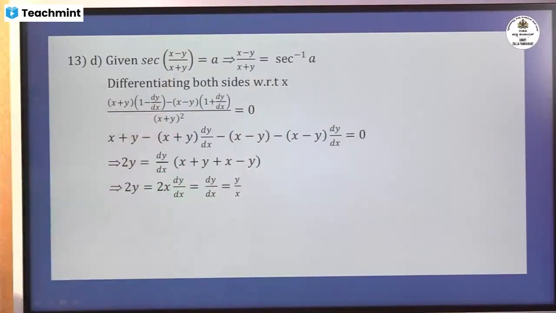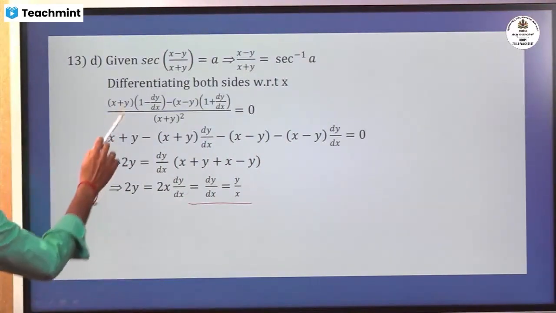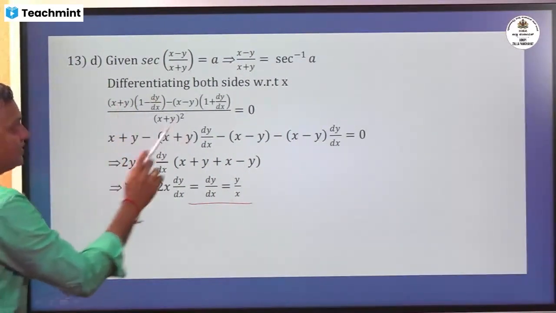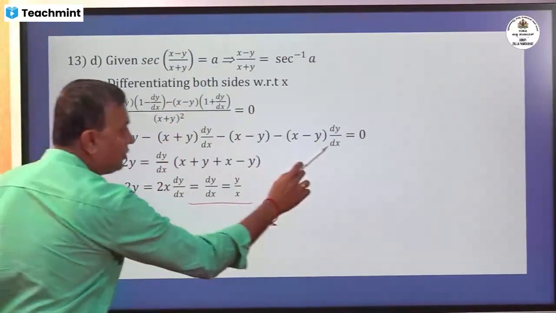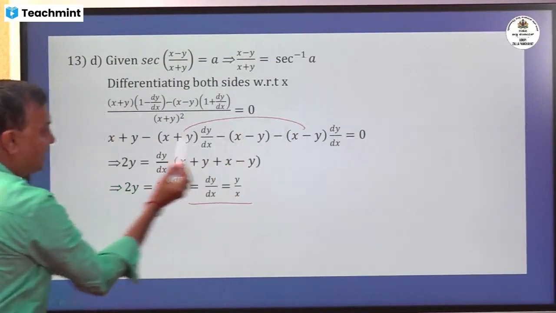Then cross multiply, simplify, then write the dy by dx terms on one side and other terms on the other side, simplify, and we get dy by dx is equal to y by x. Here (x plus y) into (1 minus dy by dx) minus (x minus y) into (1 plus dy by dx) equal to 0. Make one group of this and another group of this.